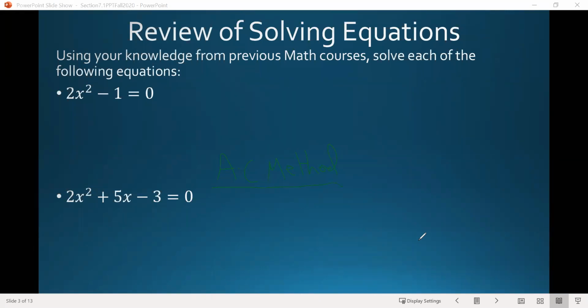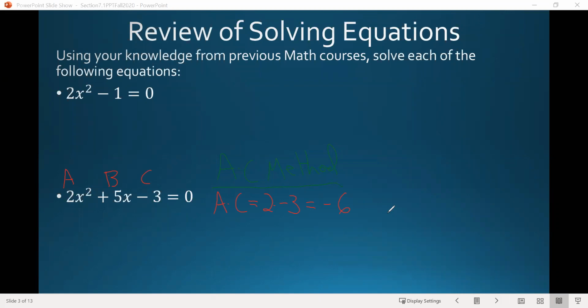I'm going to label the coefficients here as A, B, and C. So positive 2 is A, positive 5 is B, negative 3 is C. We start by doing A times C here off to the side. So we'll do 2 times negative 3, which gives us negative 6.